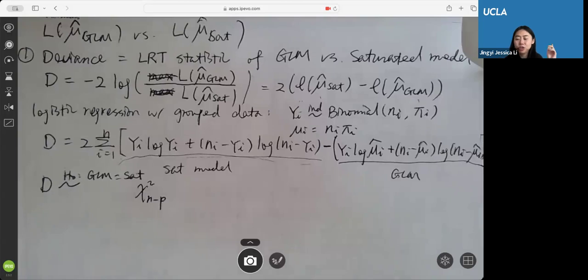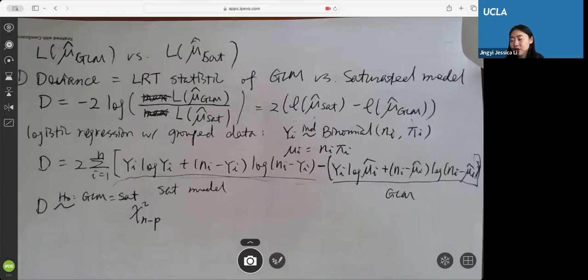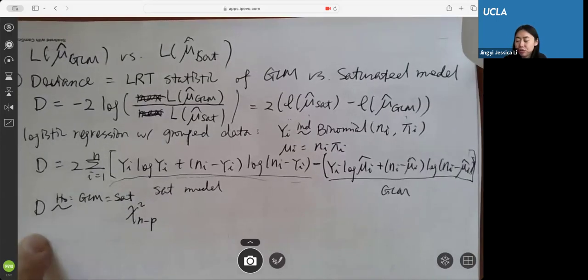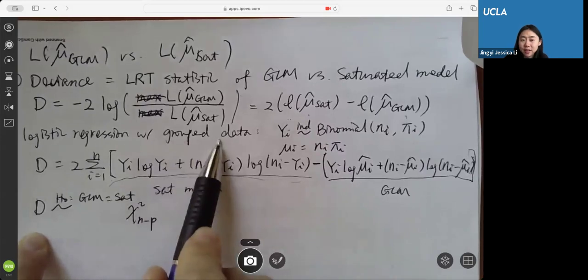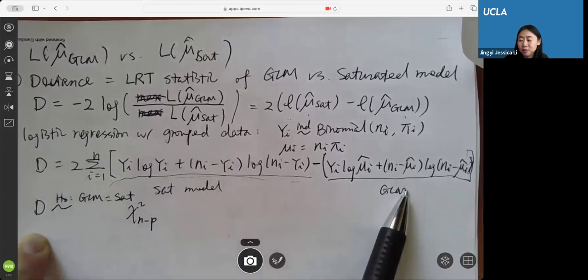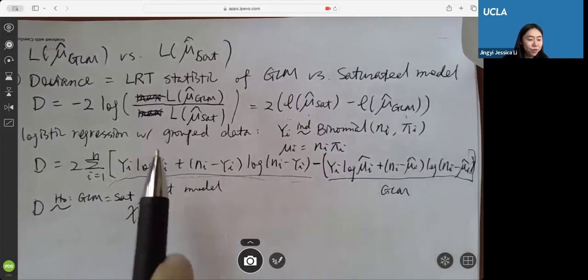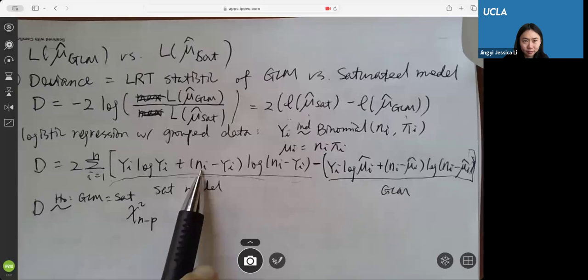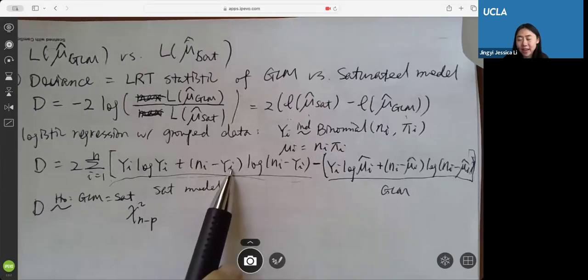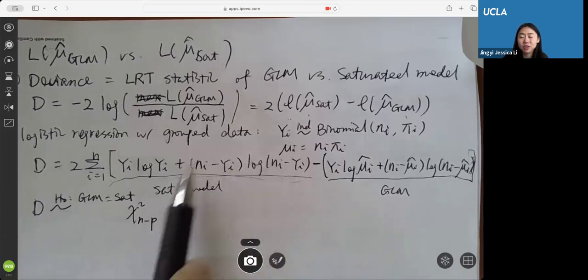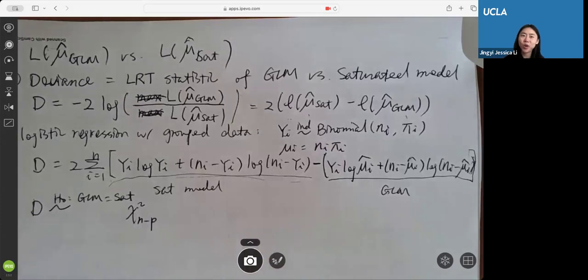But one thing we cannot do is, if you are using individual data, not group data, then this idea wouldn't actually apply. The problem there is if you have ni equals 1 and yi is binary, then you will have a log 0 issue because your saturated model is just not well defined.